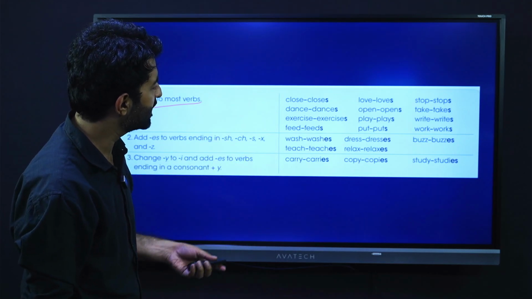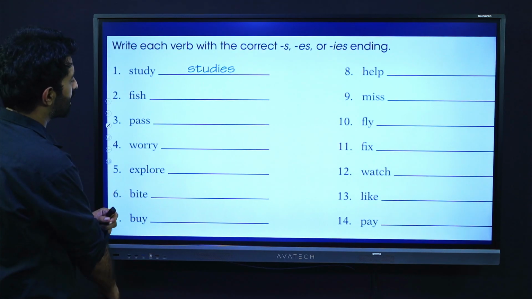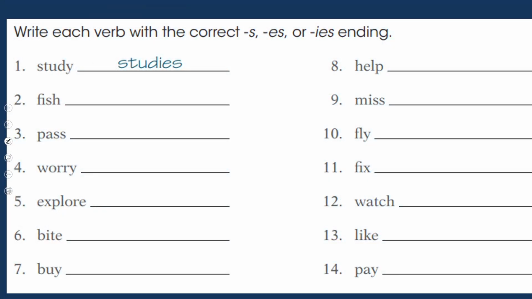So you can memorize this. All right, let's quickly do these two or three. Write each verb with the correct s or es or ies. Study becomes studies. We remove y and add ies.